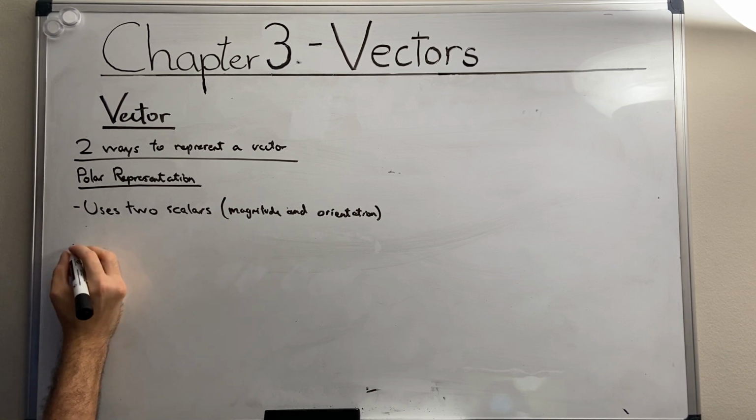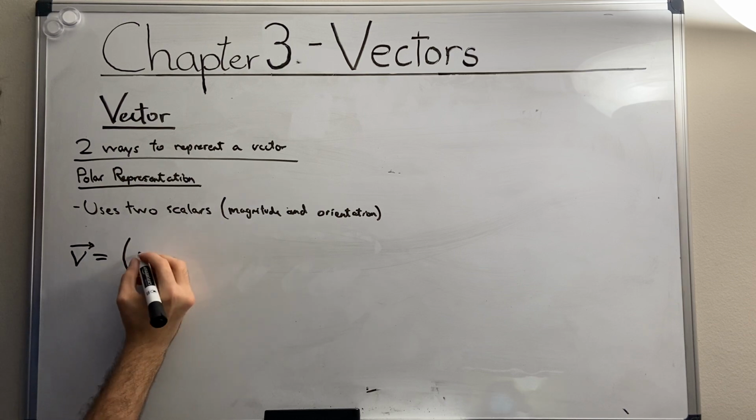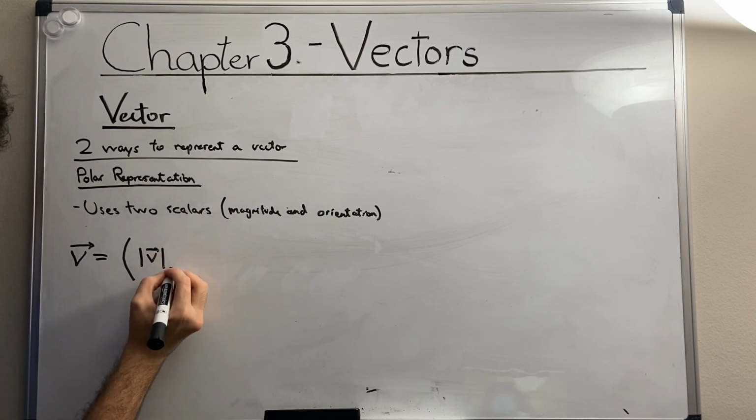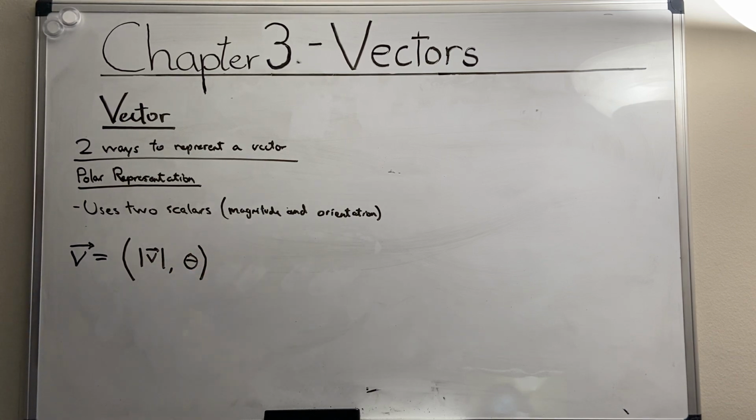We have a vector v, which is equal to its magnitude, comma, its angle. And that's pretty much it. That's how we present it.